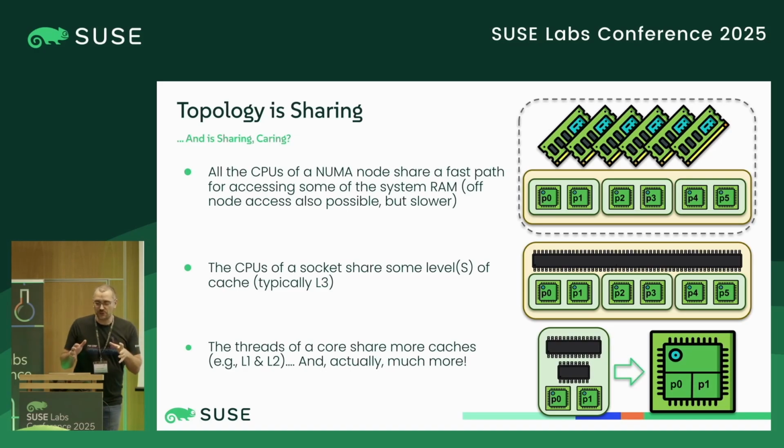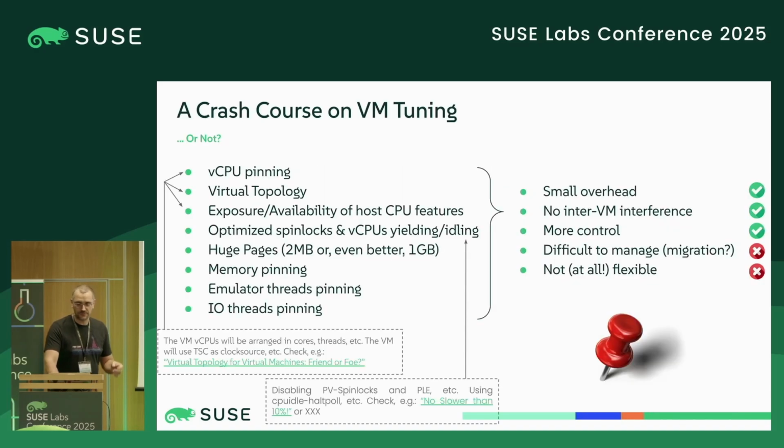So the memory is shared among the CPUs that are part of the same NUMA node, but not, at least in terms of performance, among CPUs that are in different NUMA nodes.